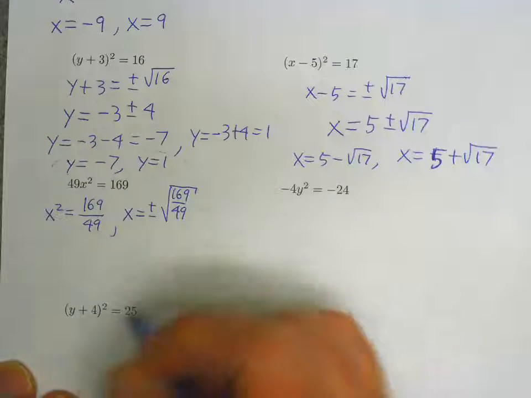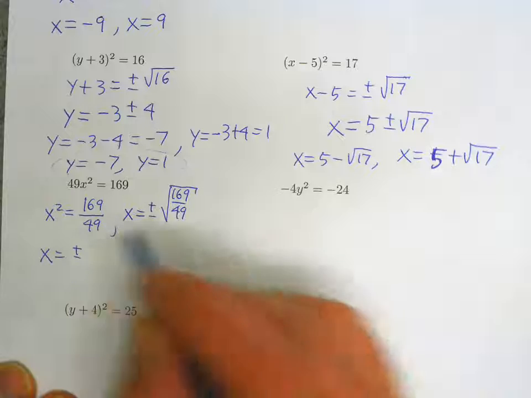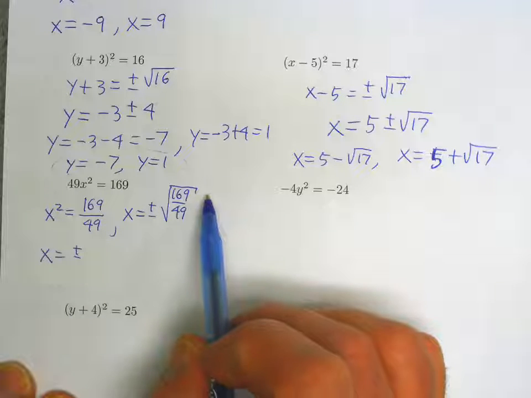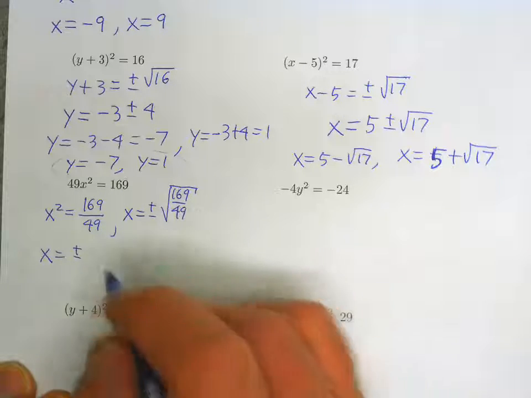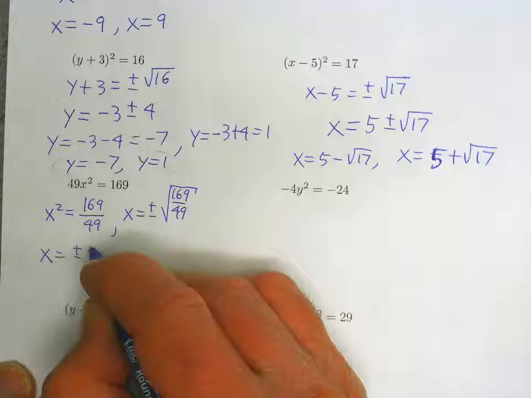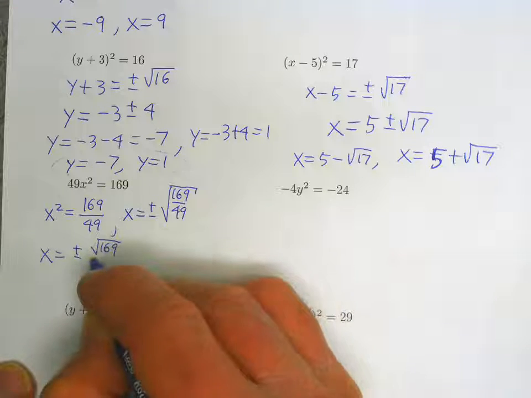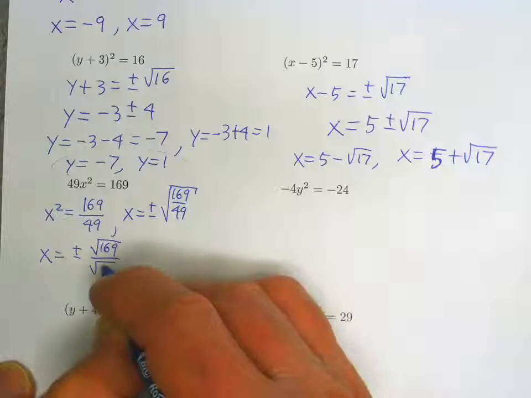It's not required, but you can write positive and negative, and then instead of the square root of a single fraction, you can write it using the quotient property of radicals: plus and minus, or positive and negative, the square root of 169 divided by the square root of 49.